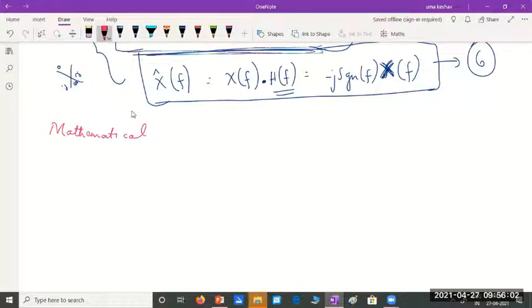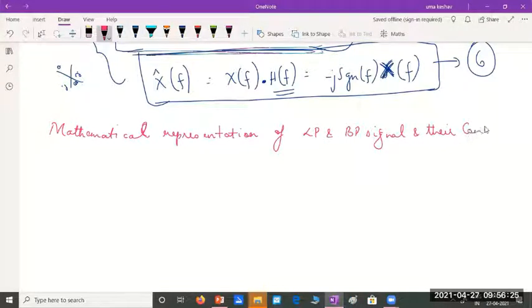How do you represent low pass and band pass signals mathematically? For that, we need some more mathematical concepts. And band pass signals and their interconversions, converting from low pass to band pass and band pass to low pass. So we'll be studying all this.